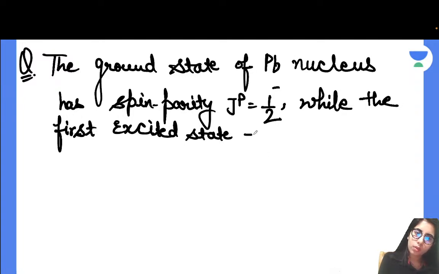The ground state is half negative and the first excited state is 5 by 2 negative.